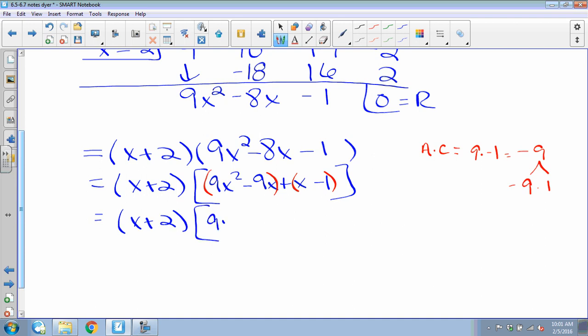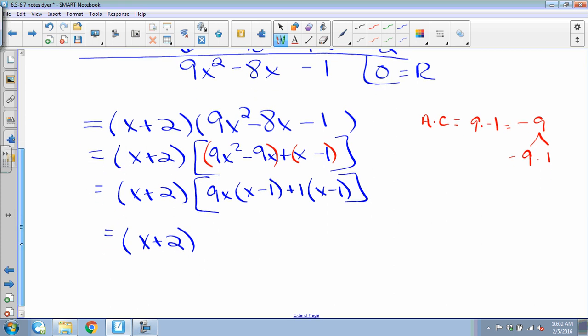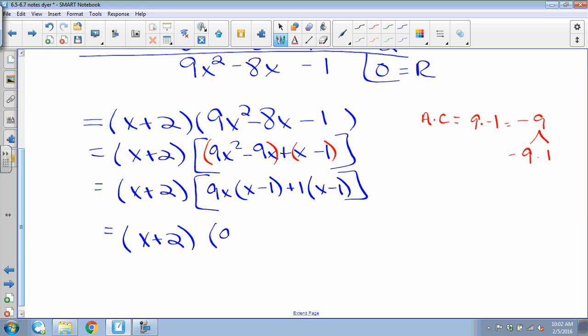Take out a 9x, you're left with x minus 1. Take out a 1, you're left with x minus 1. Notice I'm not losing the x plus 2 factor every time, because it's part of the answer. So that's 9x plus 1 times x minus 1.